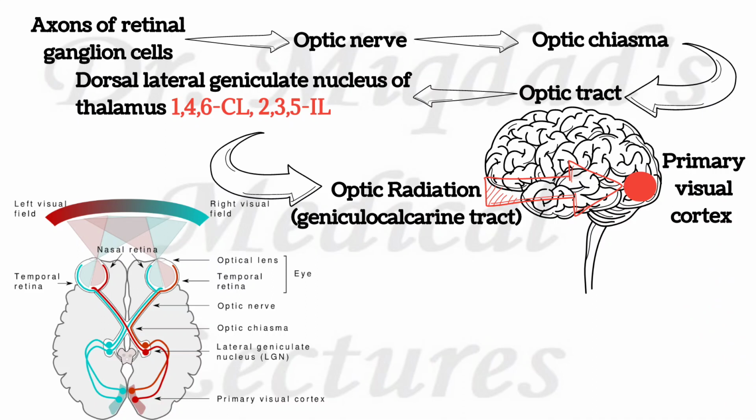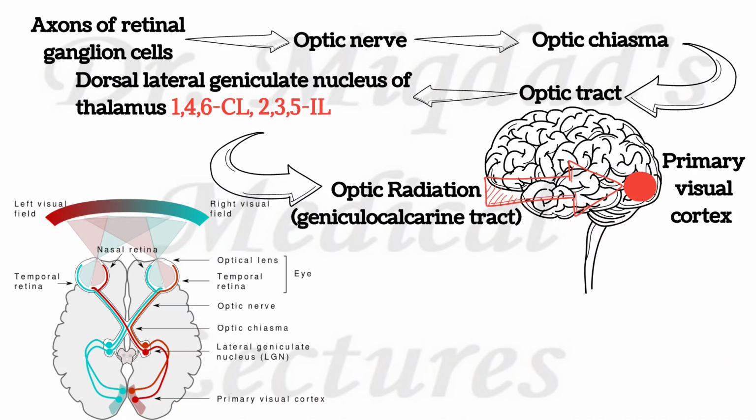Now let's add a few more points about the optic radiation or geniculocalcarine tract. The fibers from the lateral geniculate body, when projected to the visual cortex in the form of optic radiation, are projected in two groups. The upper fibers of the optic radiations, called the parietal group, take information from the upper half of the retina and are projected to the superior bank of the calcarine fissure.